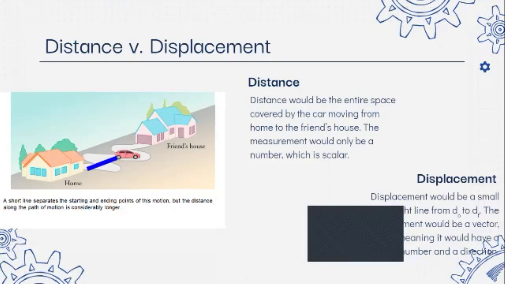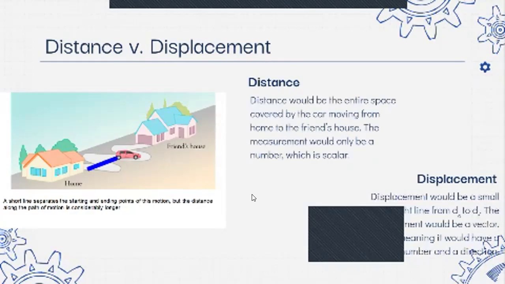It's not the entire distance that you traveled. And displacement is a vector measurement, which means it will have a magnitude, or number, and also a direction, okay? Distance, just the magnitude. Displacement would have both a magnitude and a direction.